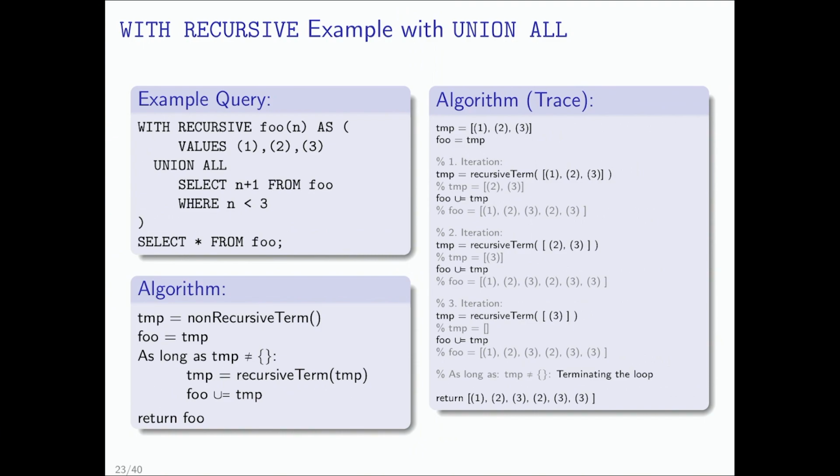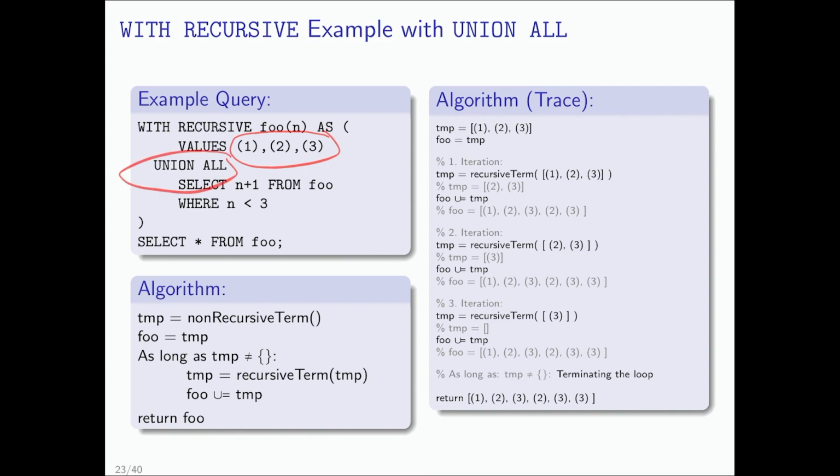You can use union all. The semantics of union all in SQL is that it won't eliminate duplicates. So it will consider everything that is being produced. And you see it in this example. Now I'm changing the query to initially have those 3 tuples, and here say union all.